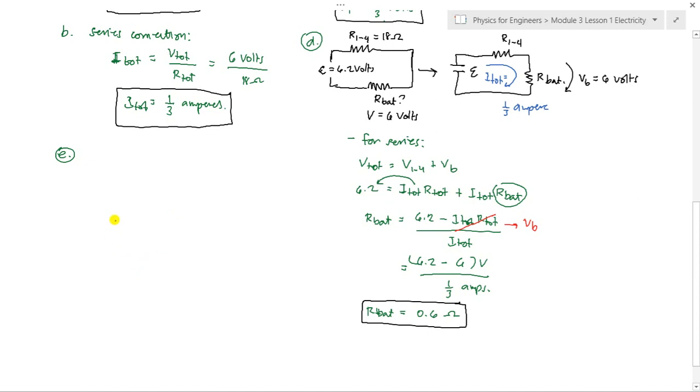So efficiency F is equal to power delivered to the resistor, over power of the battery itself.